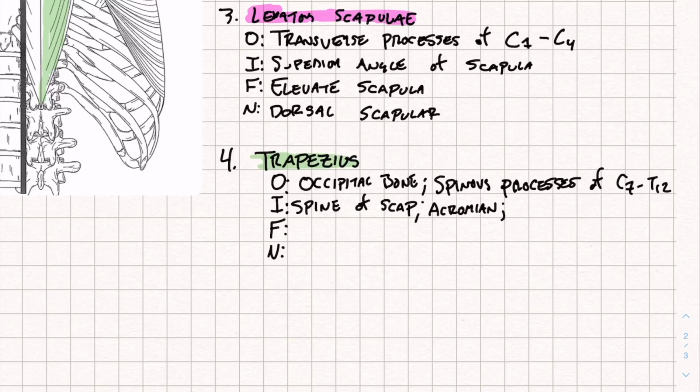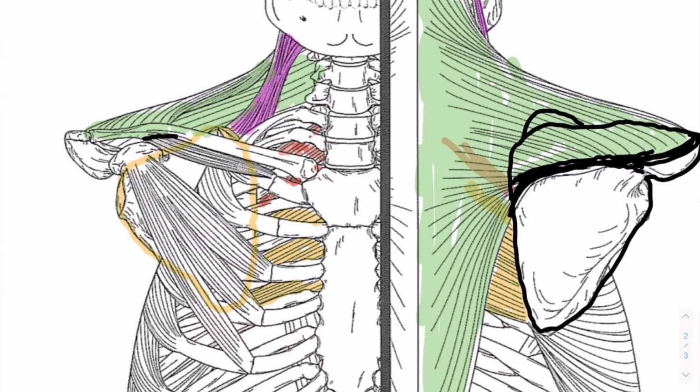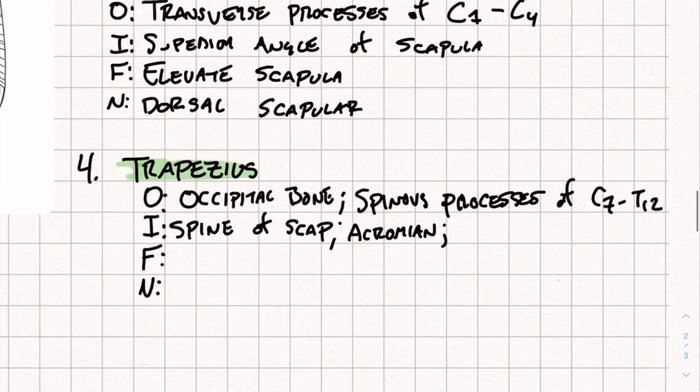I don't know if that's with an O or an A. And then on this anterior view, you can kind of see the muscle is over here on this lateral third of the clavicle. The lateral third of the clavicle.